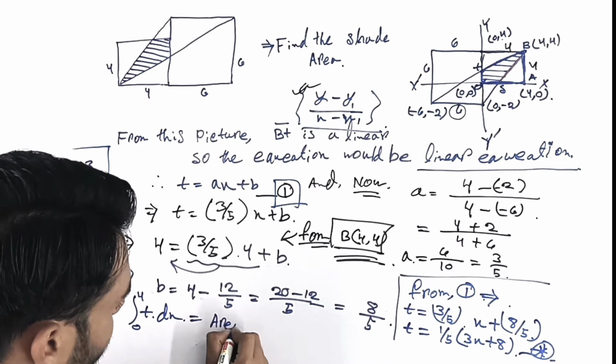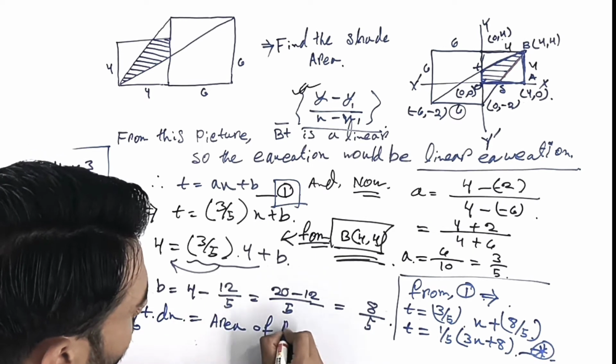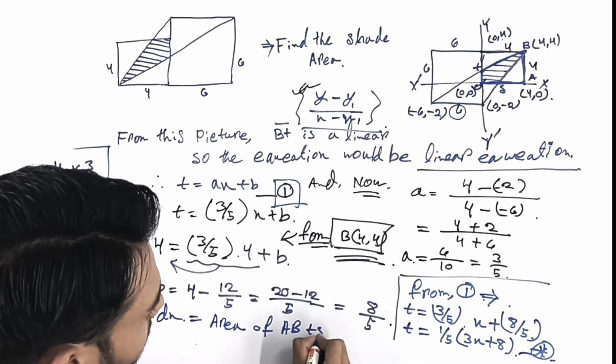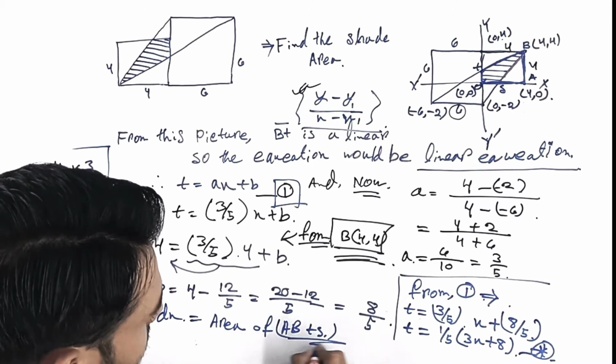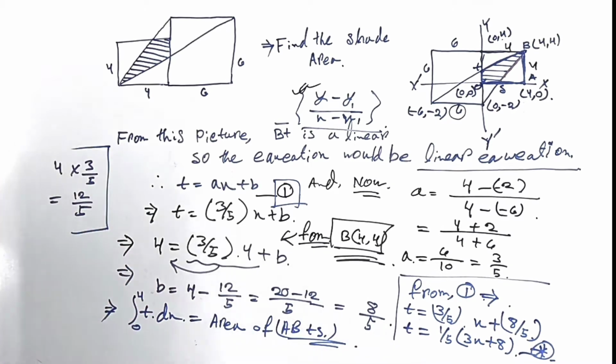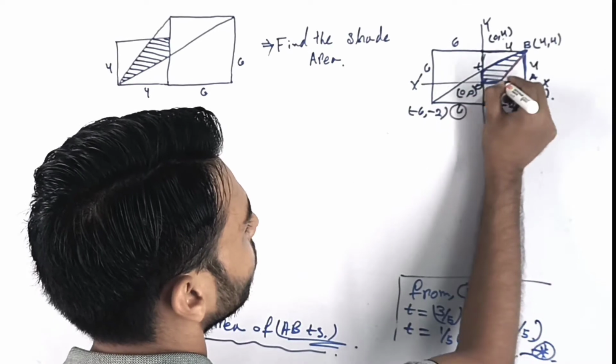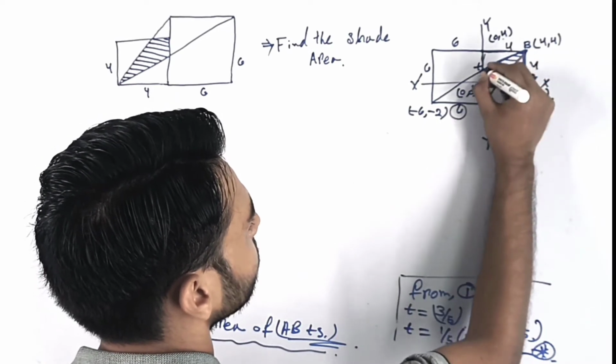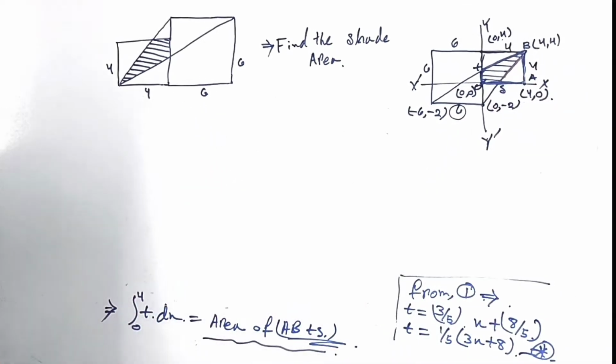That's it, and that's equals to the area of ABOTS. That's a common portion of this area.